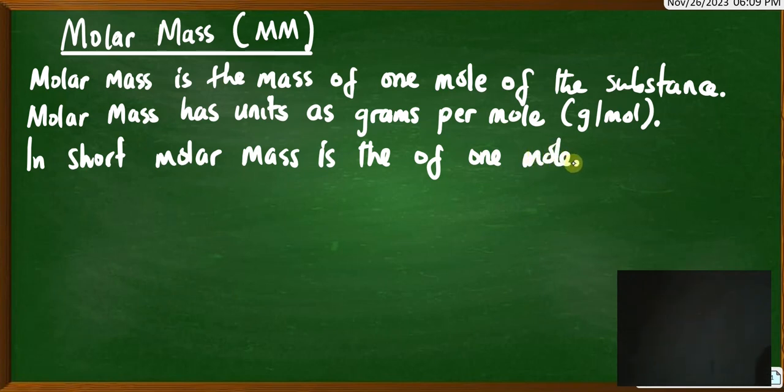Meaning that if I have one mole of a substance, and I put this one mole of a substance on a scale, the mass that I'm going to get is going to be called molar mass.